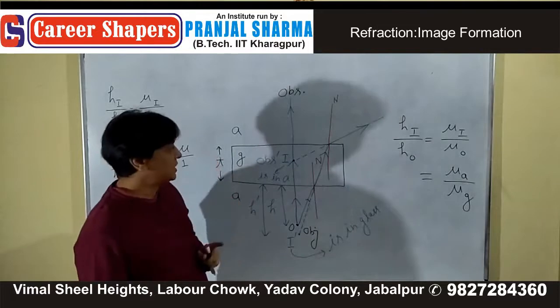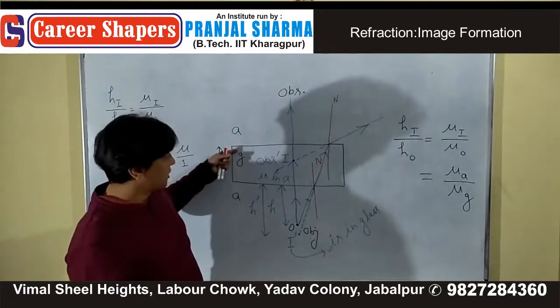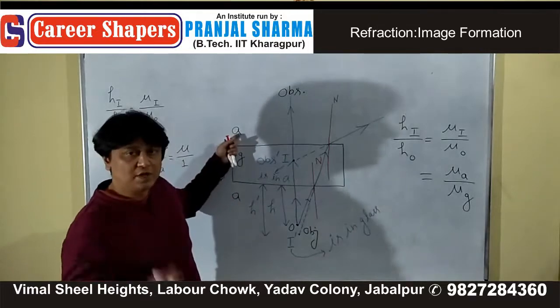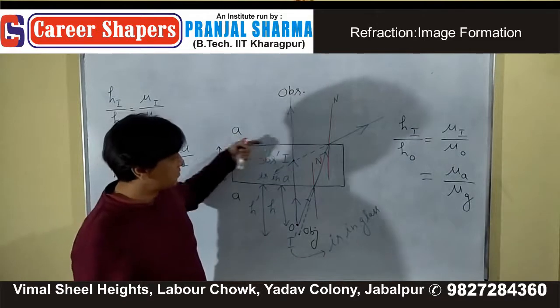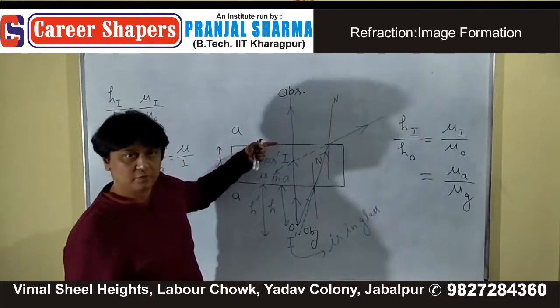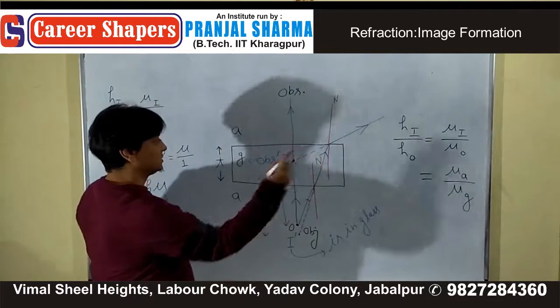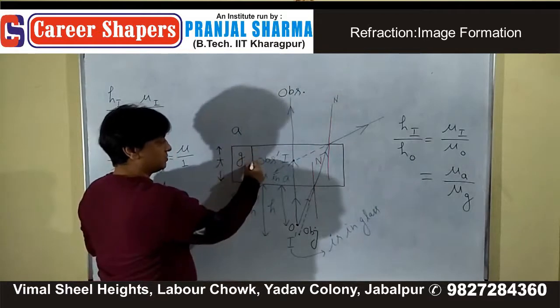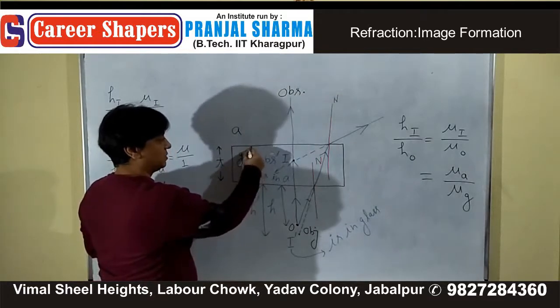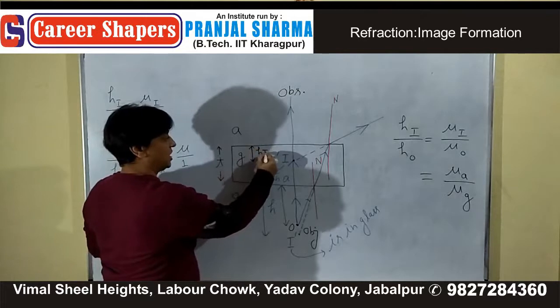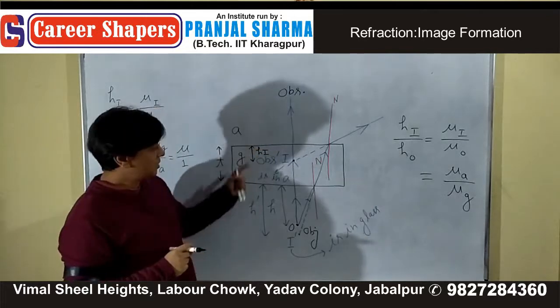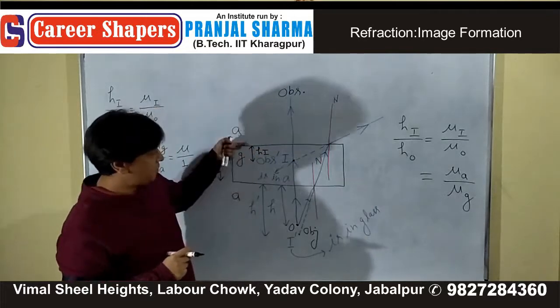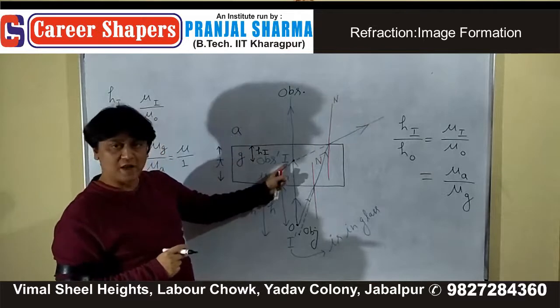Now, Hi and Ho. If you are interested in this glass to air refraction, then all these distances should be taken from this interface. From this interface, this position is Hi, the position of your final image.